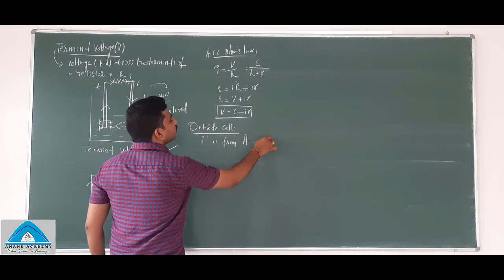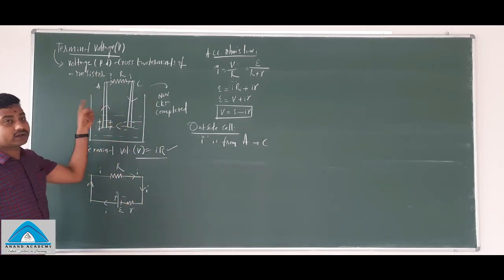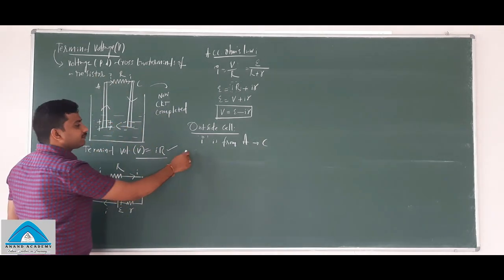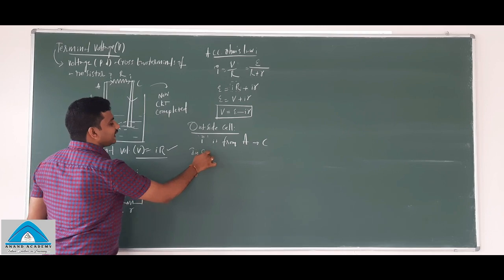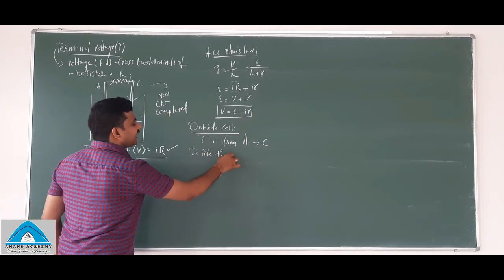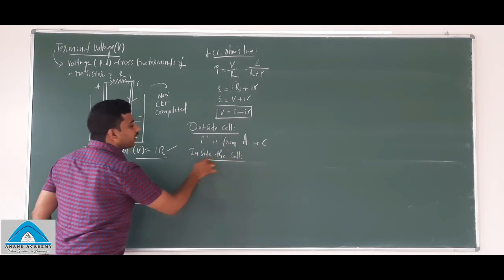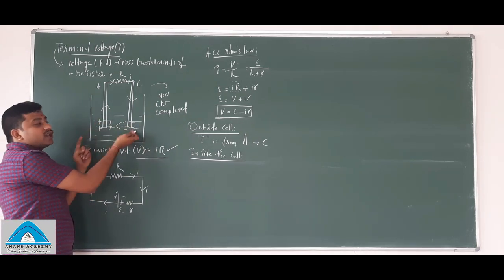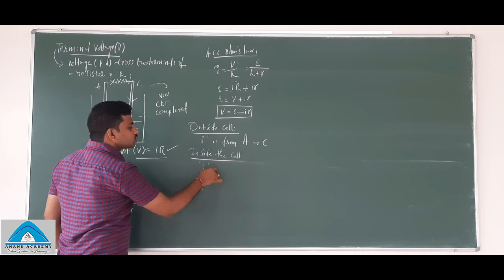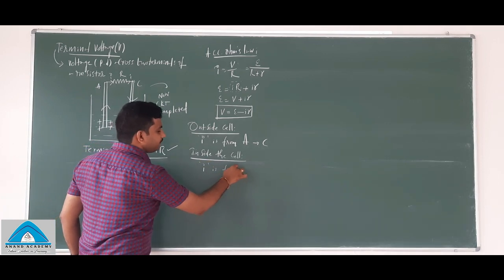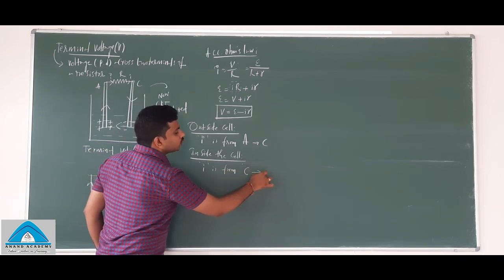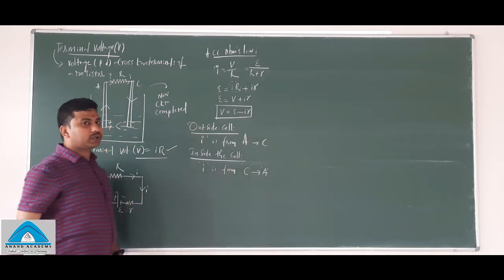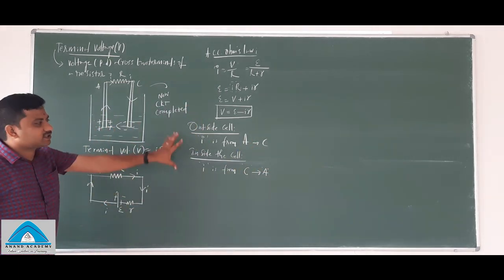From anode to cathode, right? Inside the cell, how is the current flowing? Current is flowing from cathode to anode, that you have to understand. So I is from cathode to anode.